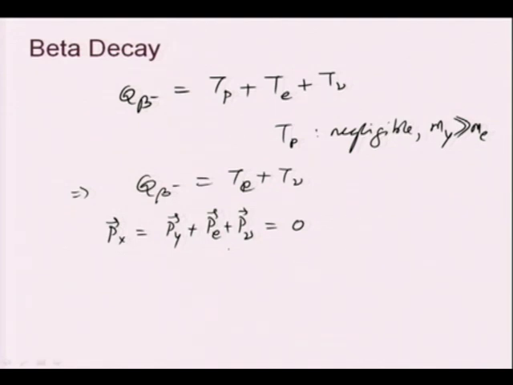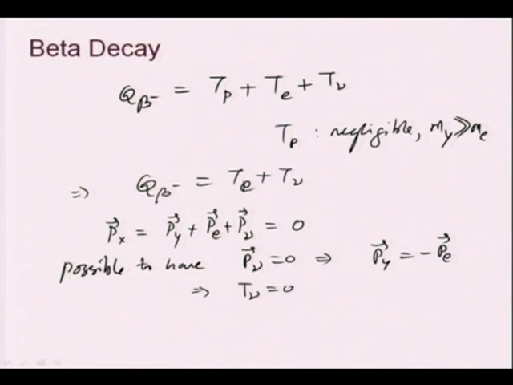So, we can say that it is possible to have P_nu equal to 0, and that will tell you that P_y is equal to minus P_e. And this will tell you that the kinetic energy of the neutrino is equal to 0.